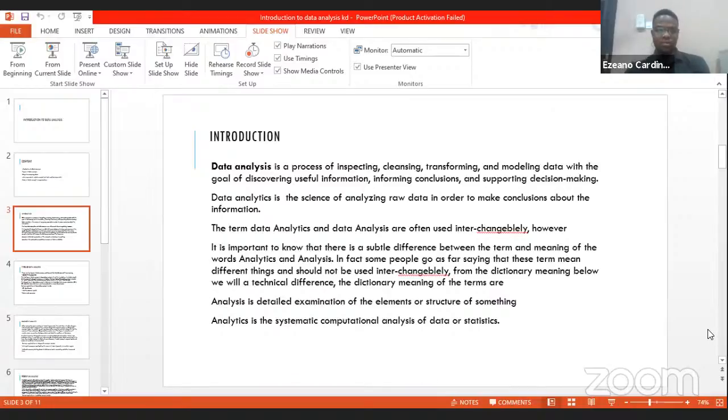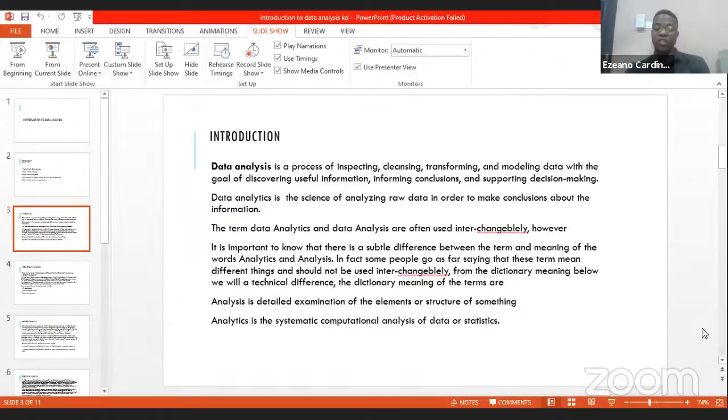Moreover, in this presentation, we'll be using the words data analysis and data analytics interchangeably, because some people might say both of them are defined differently and are totally different.